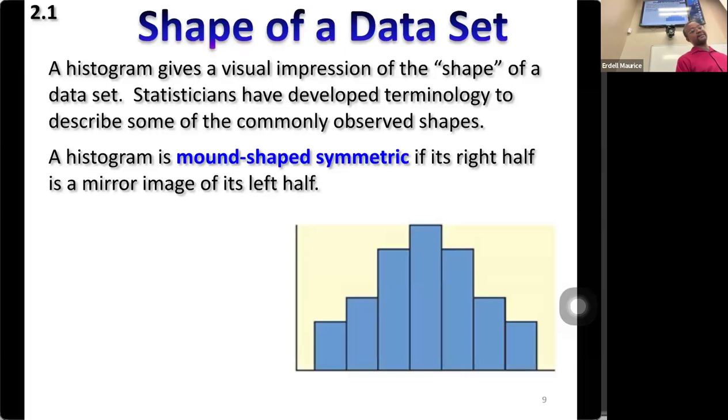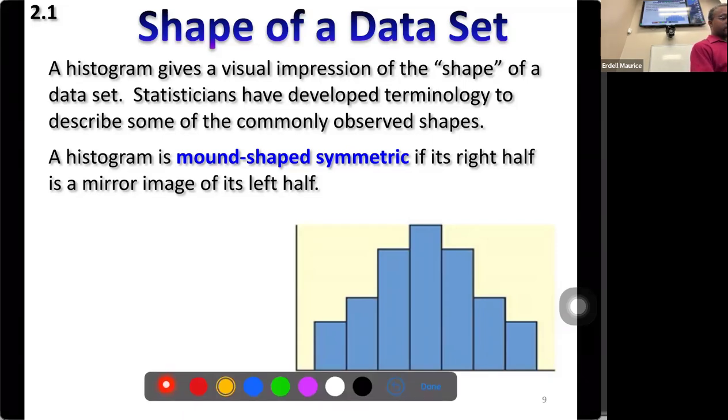This right here is a classic example of a symmetric histogram. Basically, all they're saying is that there is a center, and from that center, the data tapers off evenly on each side.